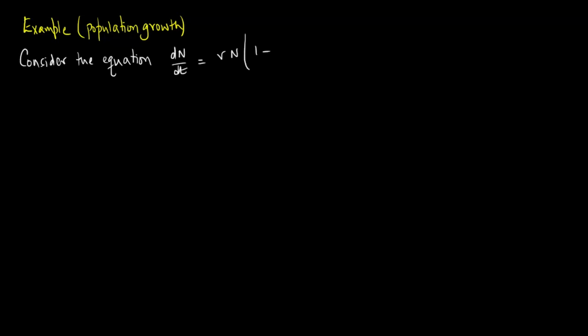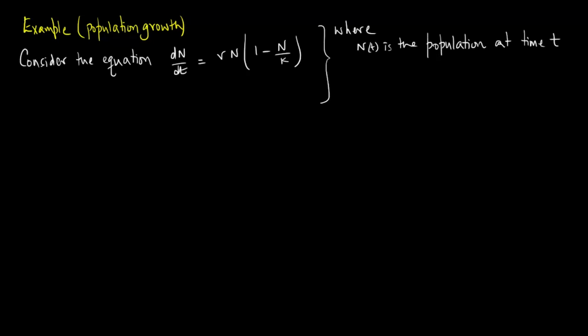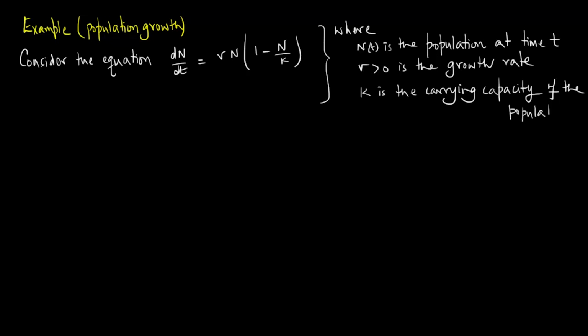Now let's consider an example that arises in population growth. Consider the equation dN/dt is equal to r N times 1 minus N by K, where N of t is the population at time t, r greater than 0 is the growth rate, and K is the carrying capacity of the population.